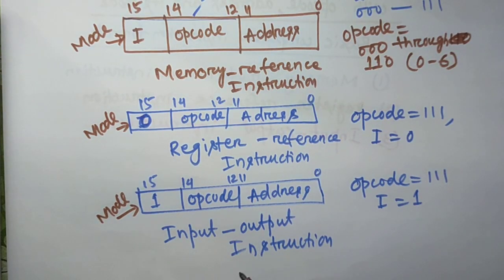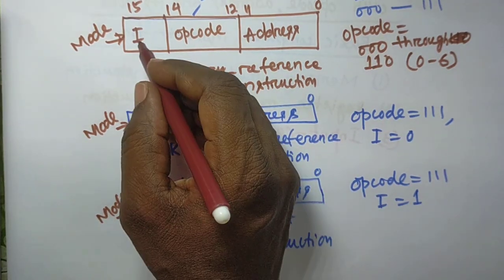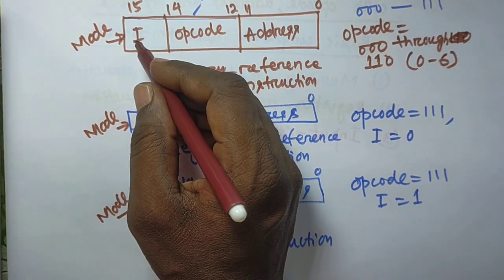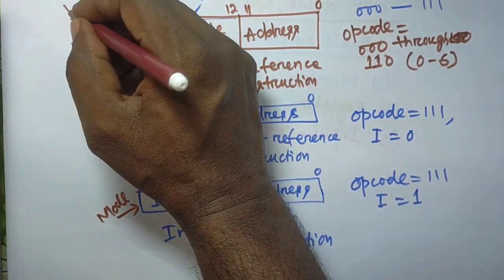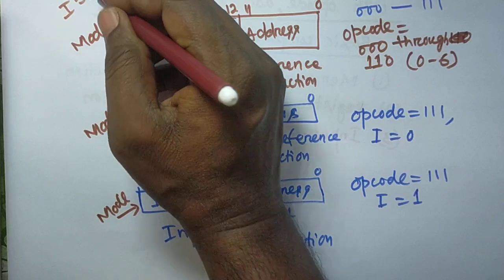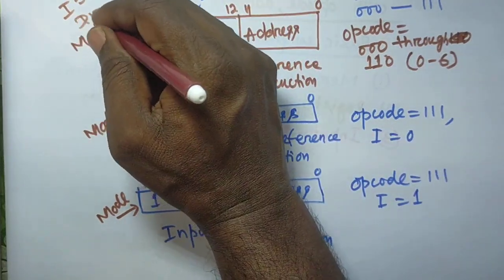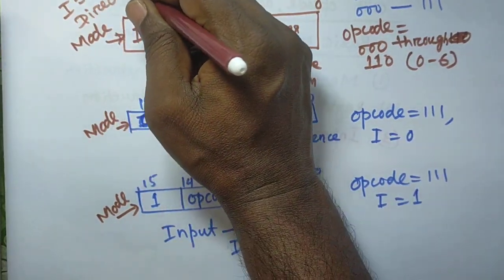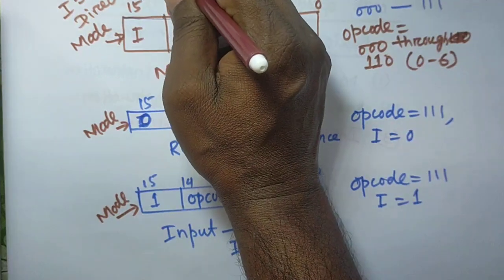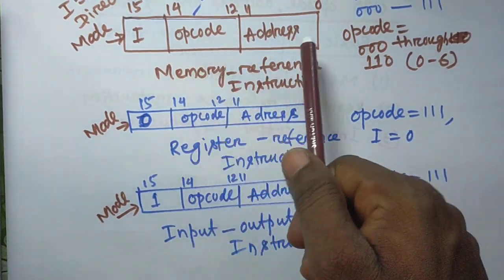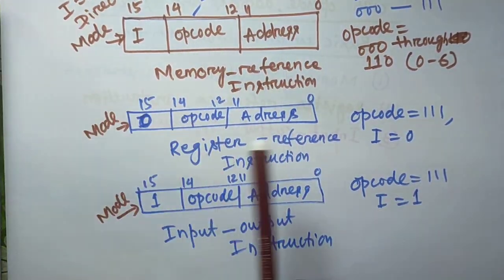Suppose I is equal to 0, then what happens? I is equal to 0 means it is a direct address, in this case a memory reference instruction with a direct address.